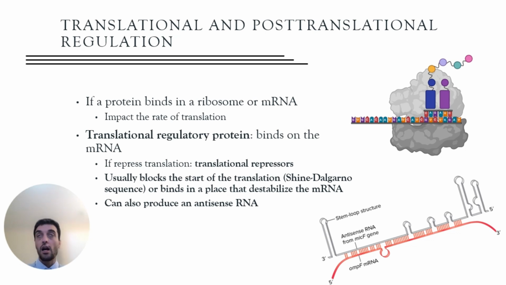Sometimes the bacterial genome can also produce what's called an antisense RNA that connects to the mRNA, inhibiting the production of that protein by forming a structure that easily conjugates with the mRNA. With these two molecules bonded, the mRNA is not going to be able to bond with the ribosome in order to have translation.